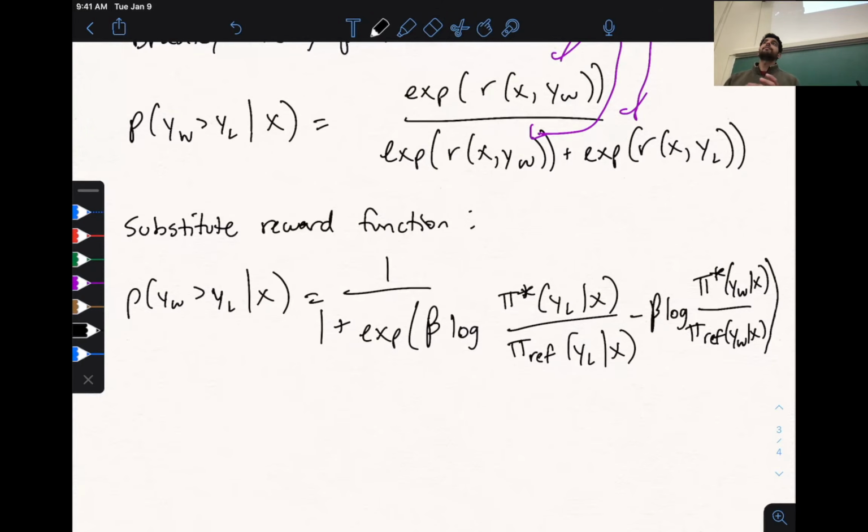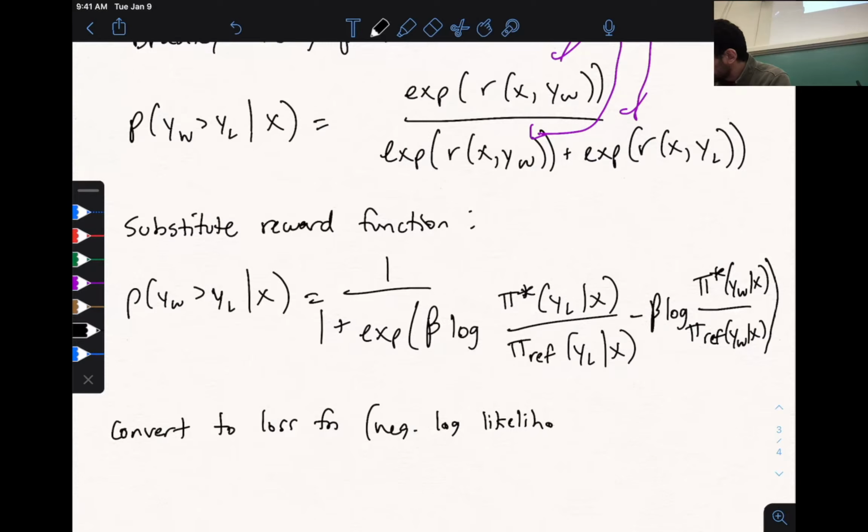And now, if I wanted to convert this into a loss function, just like before, I can try and optimize the negative log likelihood of this probability that I have here, right? So convert to loss function, which is the negative log likelihood.